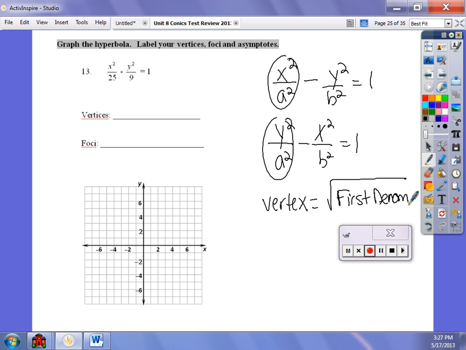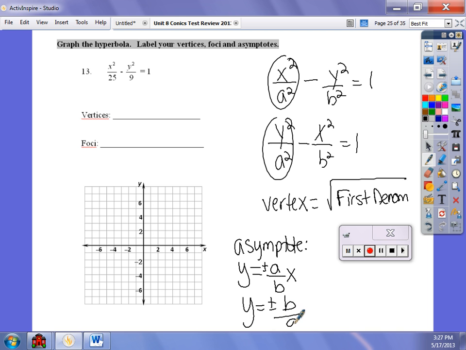The other thing you need to know is the asymptote. The asymptote will be equal to either a over b, x, don't forget the x, and that's plus or minus b over a, x. Okay, if your vertex is on the x-axis, you're going to use this one.